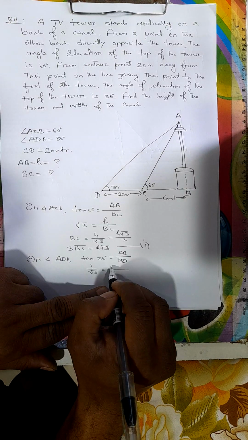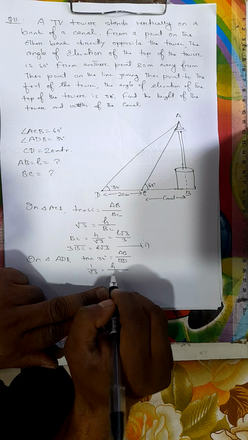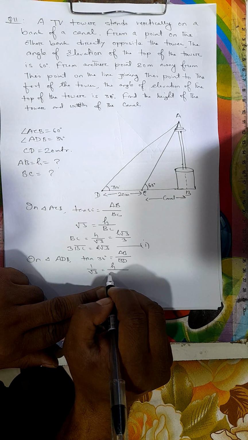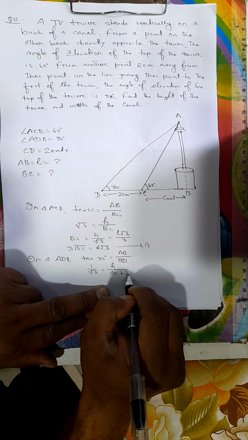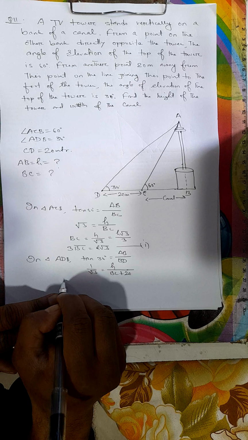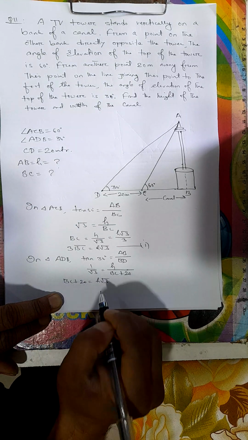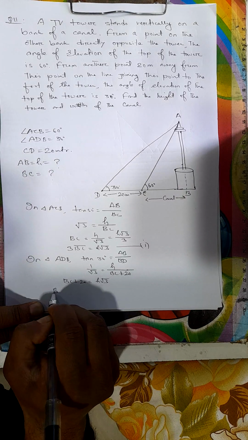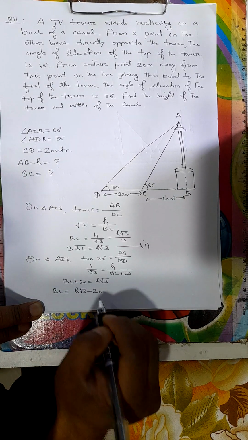AB is again H. What is BD? BD equals BC plus 20, right? So you can write it as BC plus 20 equals H square root of 3. You can write it as BC equals H square root of 3 minus 20.